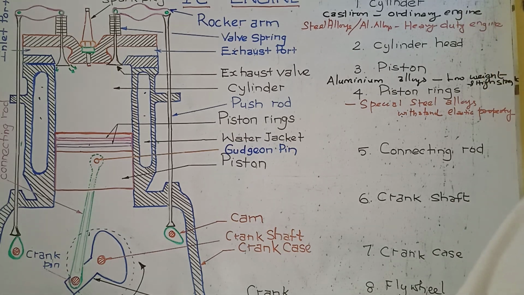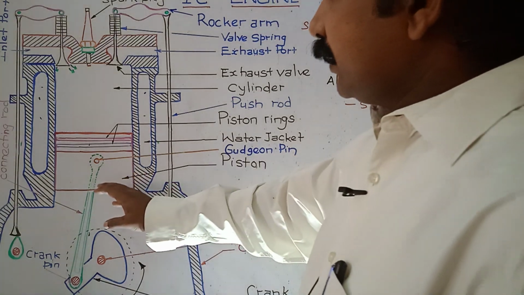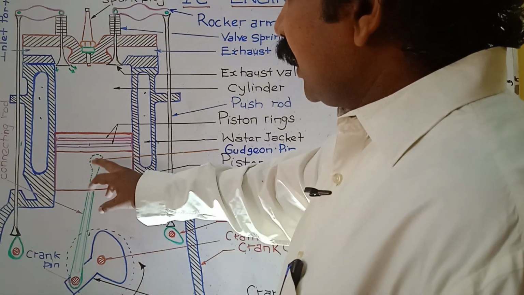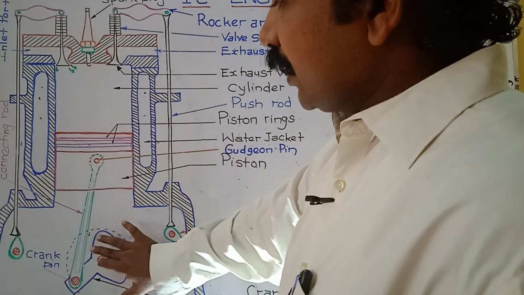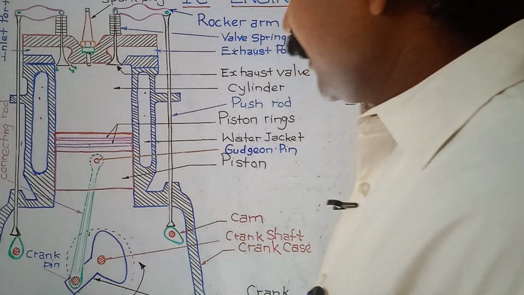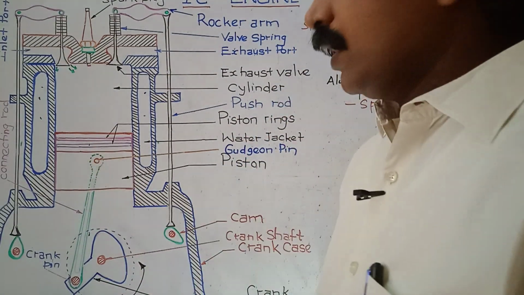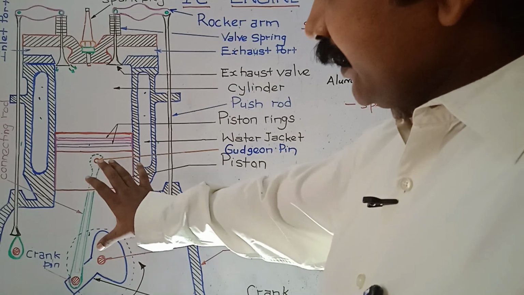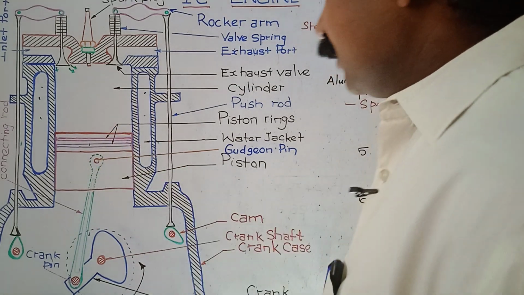And the next important part, the connecting rod. The connecting rod converts the reciprocating motion of the piston to the rotary motion of the crankshaft. A special design is required because the connecting rod is subjected to bending stress, compressive stress and tensile stress.